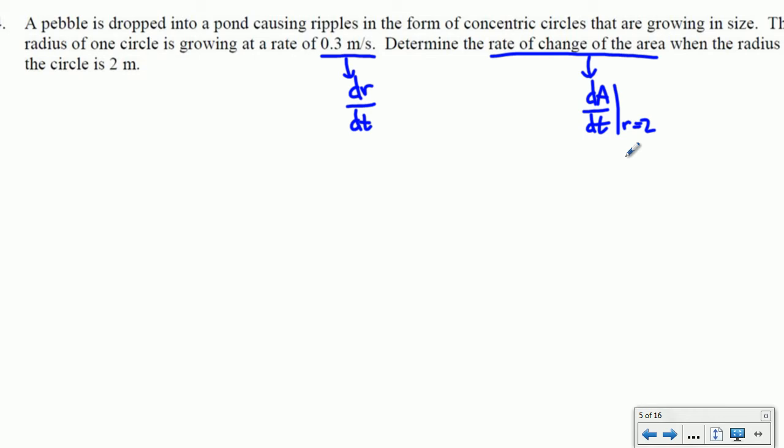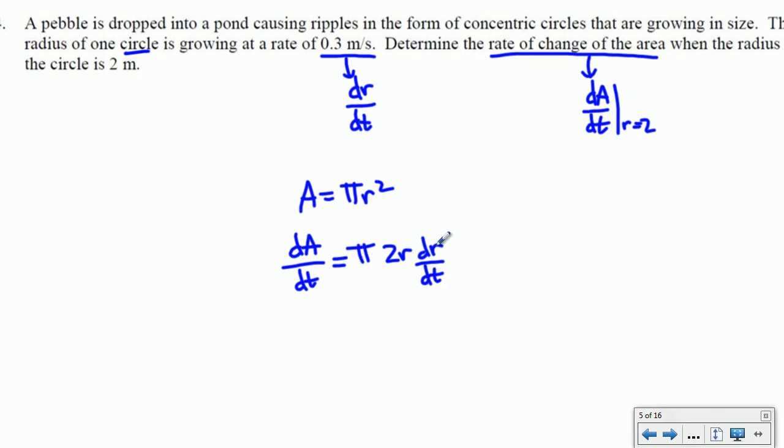So when the radius is 2, we're dealing with a circle, so we know the area of a circle is given by this formula. We've already done this before, so dA/dt would be pi times 2r dr/dt.